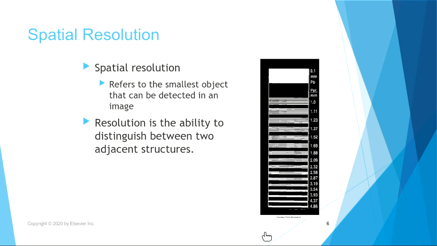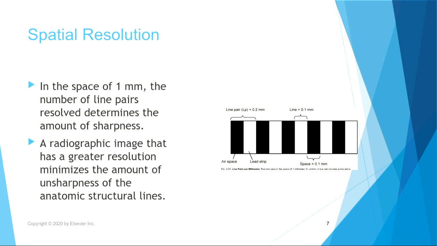Okay. Now, when we talk about spatial resolution, they tell us that in the space of 1 millimeter, the number of line pairs resolved actually determines how much sharpness there is in an image. So that resolution test pattern, or that resolution tool, can actually record and measure line pairs.